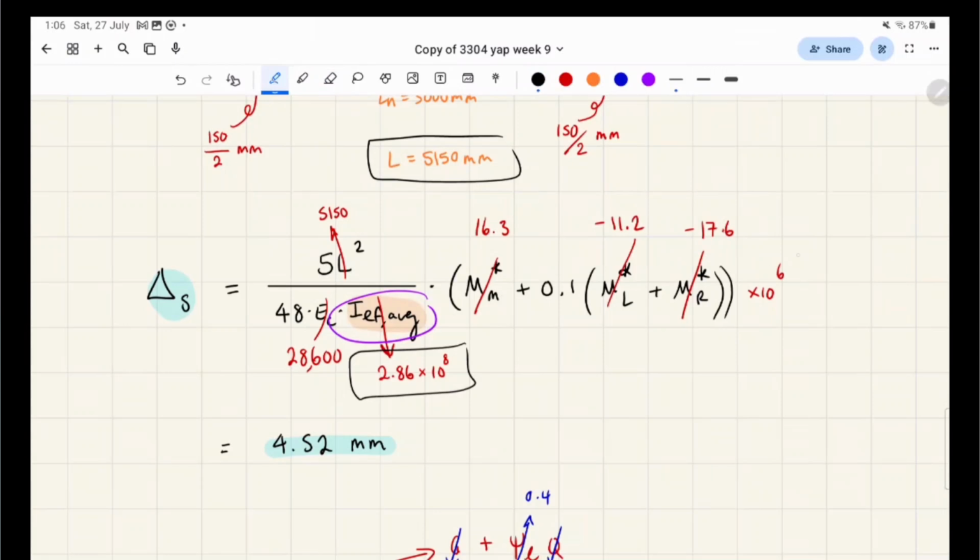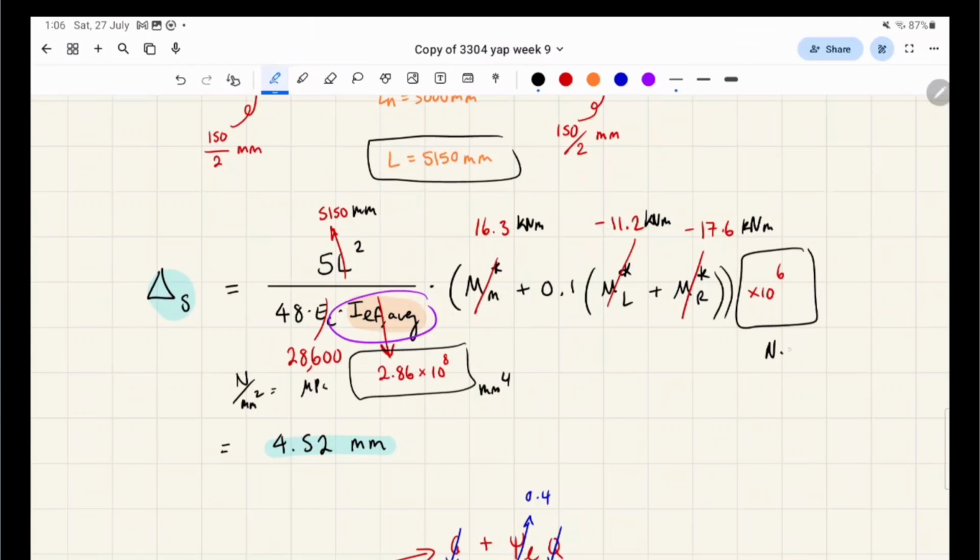Yeah. And here I've done 10 to the power of 6 because these are in kilonewton meters at the moment, right? To convert them to Newton millimeters, we have to multiply by 10 to the 6. That's because the rest of these are in millimeters. This is in MPa, which is essentially newtons per millimeter squared. And this is in millimeters to the power of 4, right?